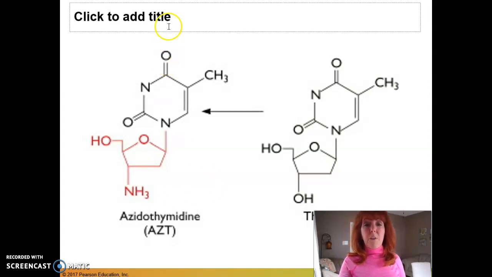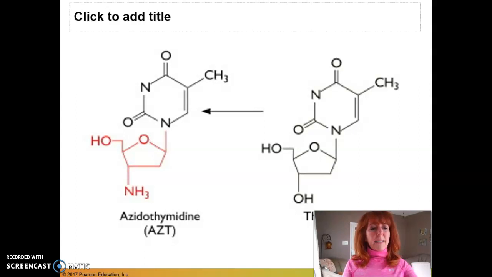So when the viral DNA chain is trying to be created and a new nucleotide comes in after AZT, the nucleotide has no hydroxyl group to hook to, and therefore the viral copy DNA is not created. This AZT actually is a competitive inhibitor, and in the reverse transcriptase, it won't allow the normal process to happen. So when we talked about inhibitors and being competitive because you're in the active site, that's what's happening here.